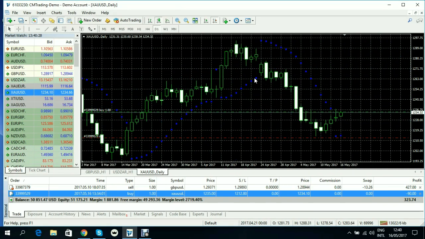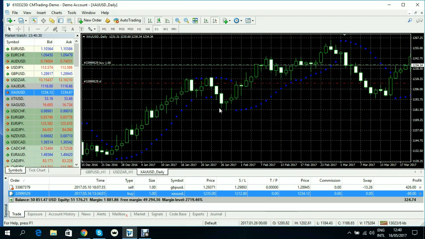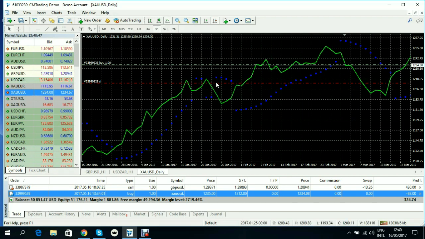Alright, now you'll find out that it's not always that you're going to get it 100%. Like I said, it's a 60 to 70% guaranteed profit strategy. And remember, do not use this indicator when price is trading sideways.